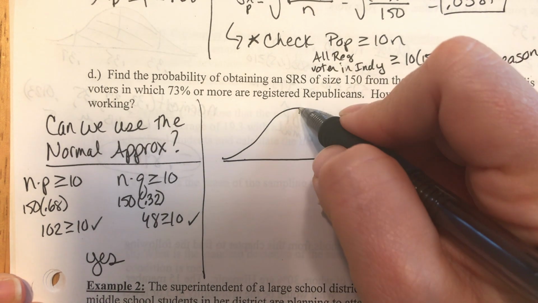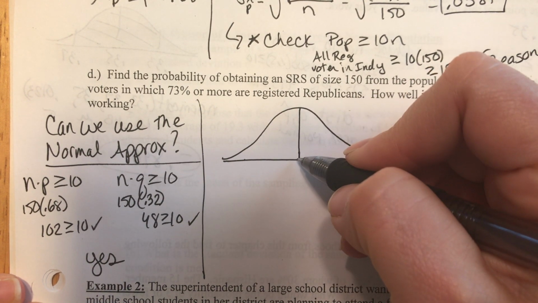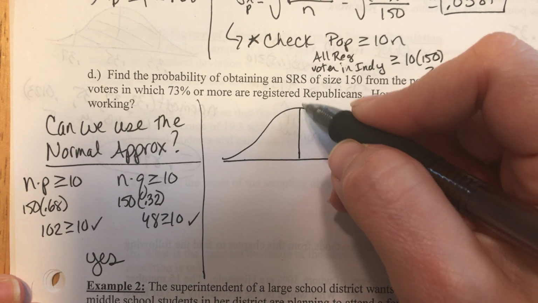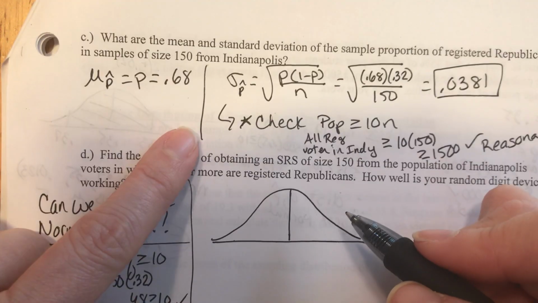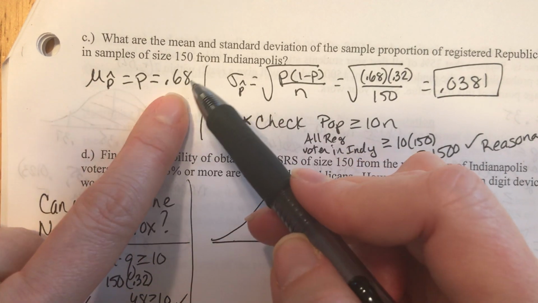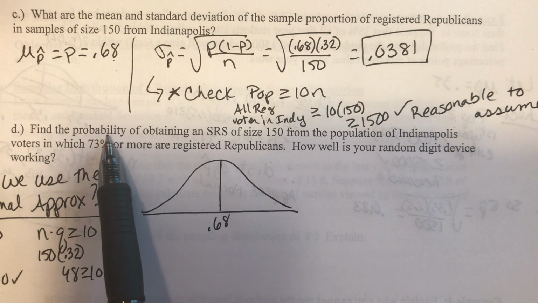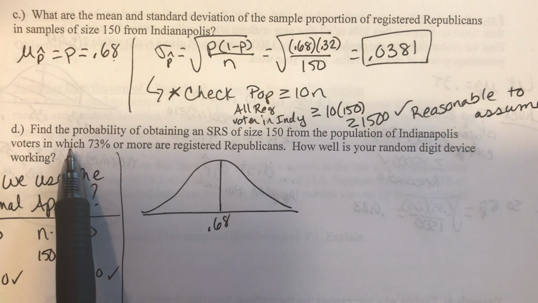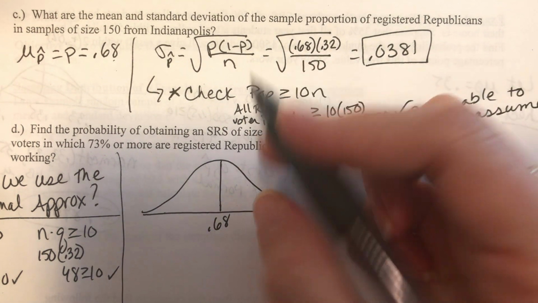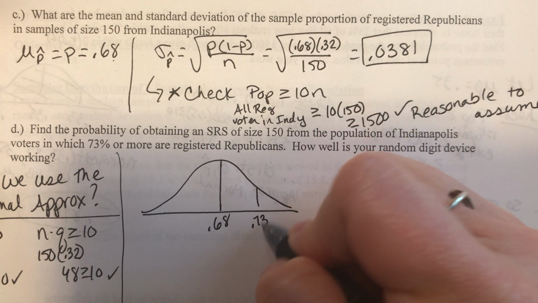What goes in the middle of the normal curve each time? The mean. The mean is back up here. The mean is 0.68. We want to know what's the probability of getting a simple random sample where there's 73% or more. So we want 0.73 or higher.